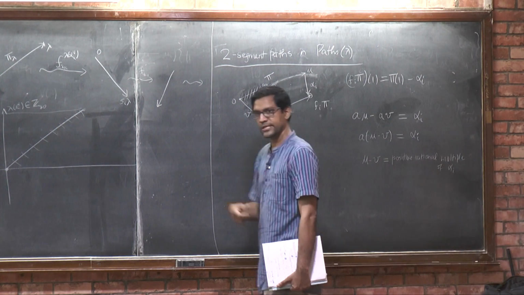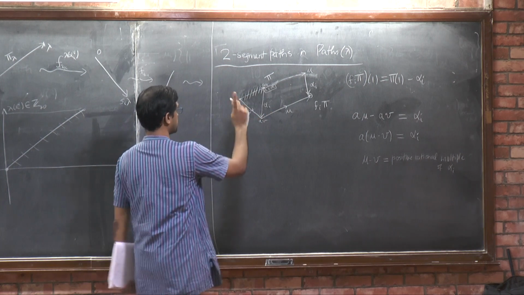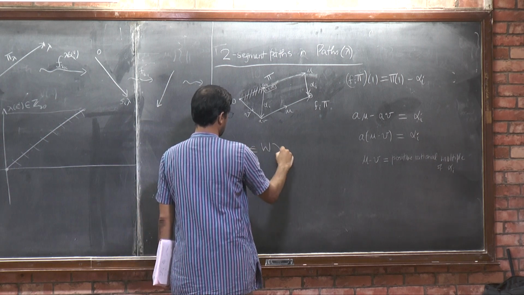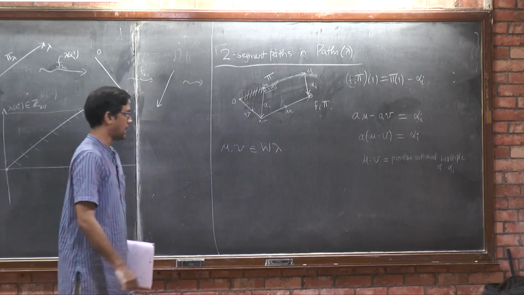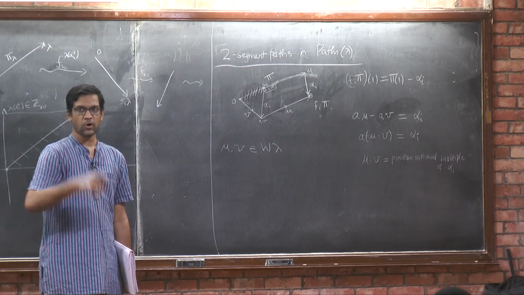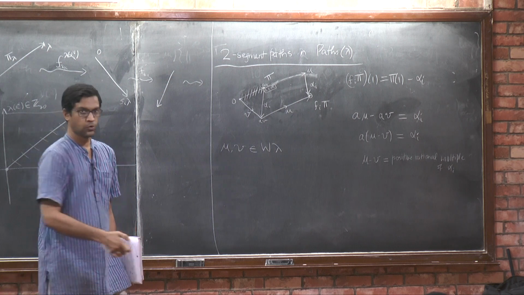But now there's a little bit more we can say. Mu and nu, remember, are both Weil conjugates of the same lambda. They are in the same orbit. Now all elements in this orbit will always differ from each other by an element of the root lattice.